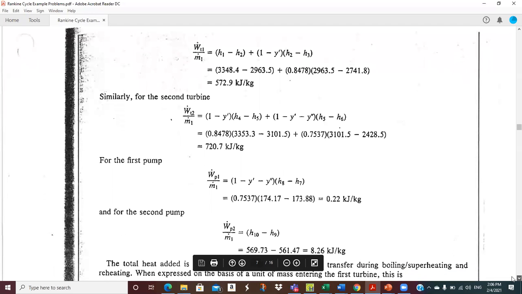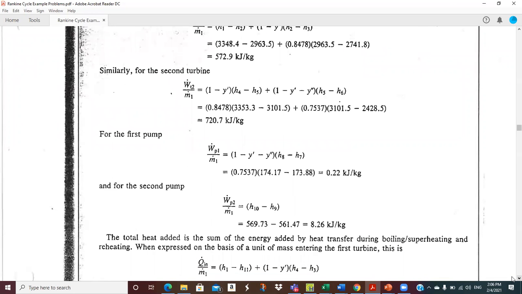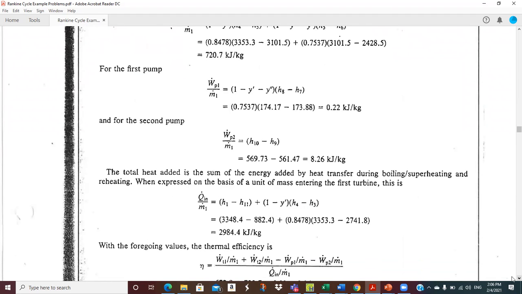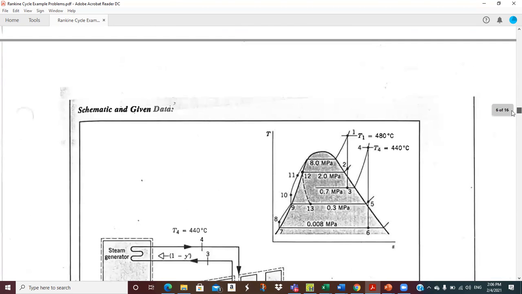That's the condenser pump. The second pump pumps everything, so you got the full enthalpy difference. And it's going up to the really high pressure, going up to 8 megapascals. And so we've got 8.26 kilojoules per kilogram. Okay. We go back and look, just probably get it pretty much in our head by now.